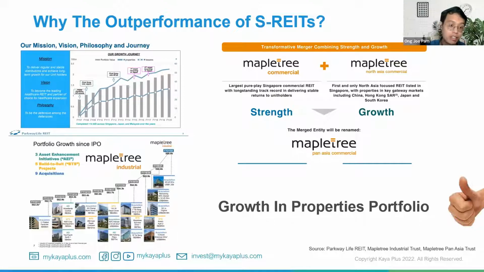That is why they can grow their net revenue and also their net property income. And once that has grown into a substantial size, they can afford to pay you more and more dividends on a year in, year out basis. So growth in the property portfolio is very, very important. And we do not see a lot of it coming from the Malaysia REITs. They have to back it up, right? And this is what the Singapore REITs have actually been showing. All the top performing ones are doing something to grow, right?